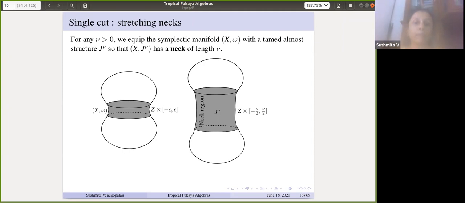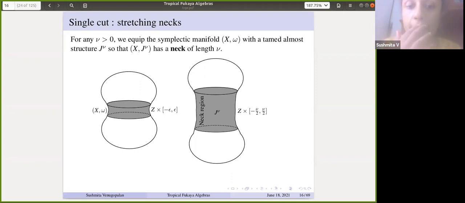So we want to somehow produce a cobordism of the moduli spaces of pseudo-holomorphic curves in X, omega to pseudo-holomorphic curves lying in the broken manifold. So in order to do that, we consider a family of almost complex structures called J nu, such that as nu grows larger, the neighborhood of the hypersurface looks like a longer and longer neck, and eventually we allow the neck length to go to infinity.